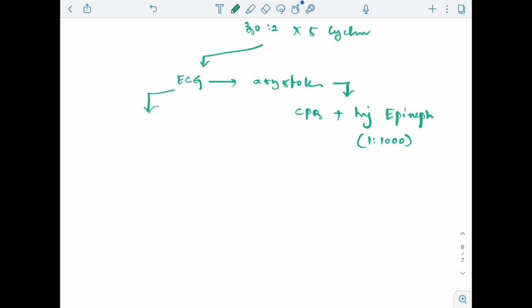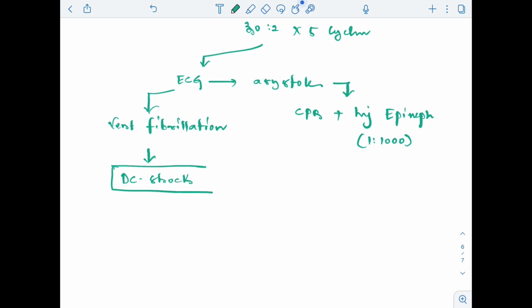But if you are getting ventricular fibrillation on the ECG, you should give a shock to the patient. That means you should give the DC shock. DC means direct current shock, and this DC shock can be given in two types, that is monophasic DC shock or biphasic DC shock.